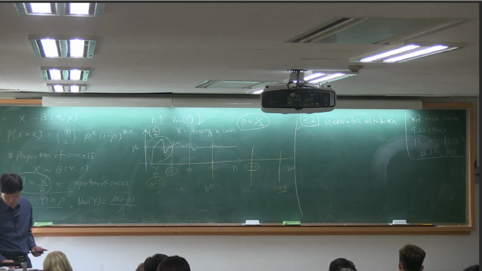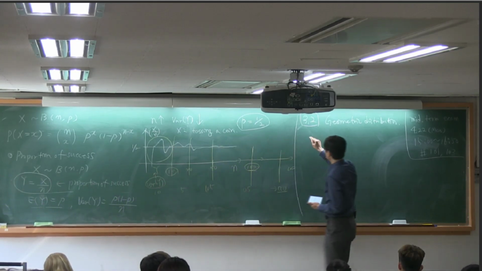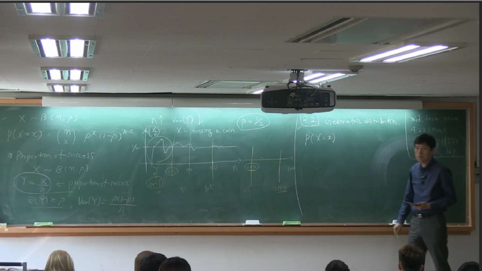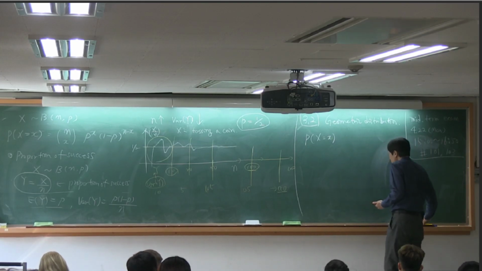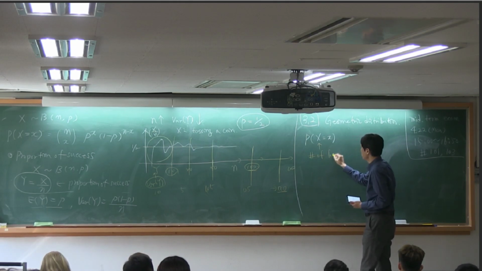It is sometimes interesting to count, instead of the number of successes, the number of trials. So the geometric distribution is interested in the probability that X is x, when this number is the number of trials until the first success.